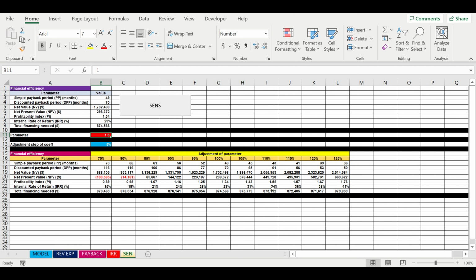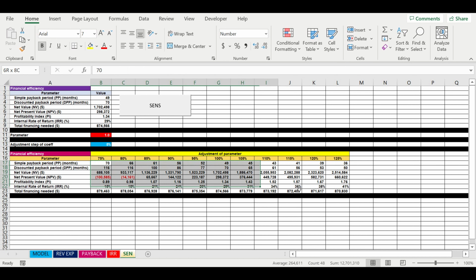So now we can see how the increase or decrease in mileage affects the financial efficiency. For example, if the mileage decreases by 20%, we will get a negative net present value. So this is food for thought, food for discussion, food for maybe changing the business concept.